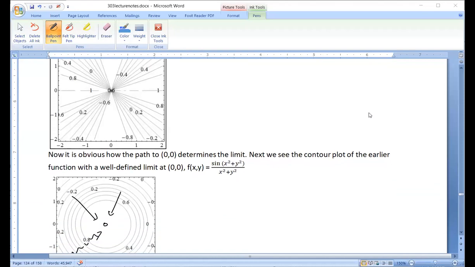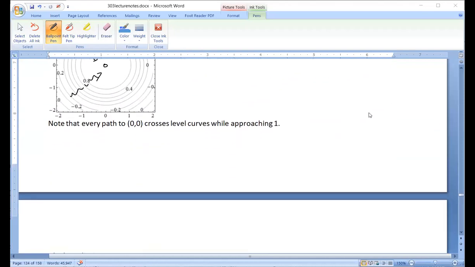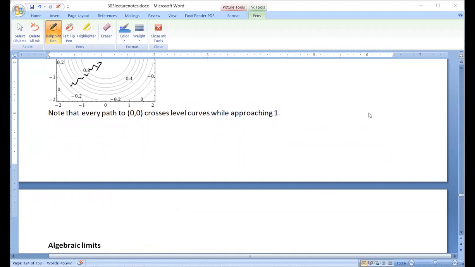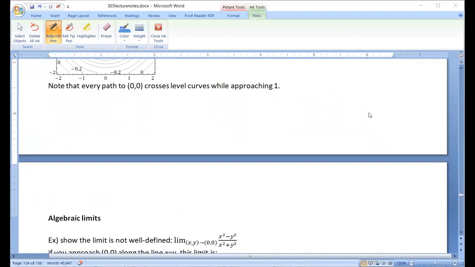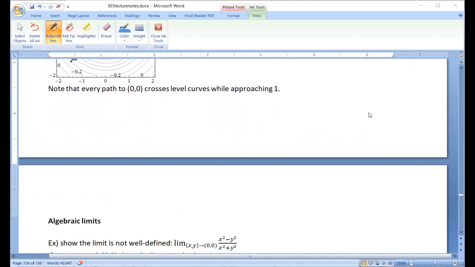So now we come to calculating limits algebraically. Let's take this one piece by piece. First of all, we know that this limit is not defined. We already saw this with the numerical table. We saw this graphically.